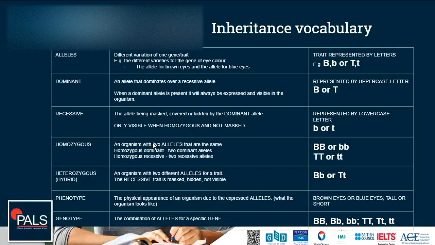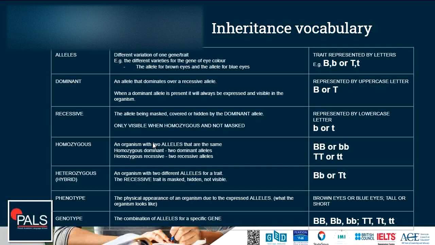So we call it either homozygous dominant, referring to two dominant alleles being present of that one gene, or homozygous recessive, referring to two recessive alleles being present. And obviously then we have the version where we have a dominant and a recessive allele. We call this heterozygous or a hybrid.